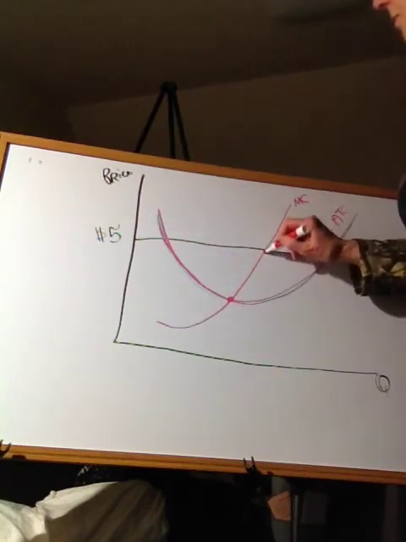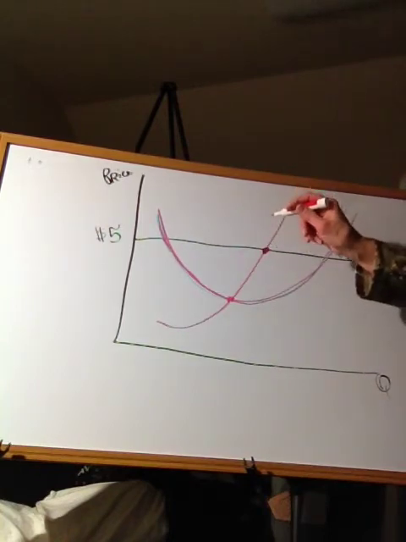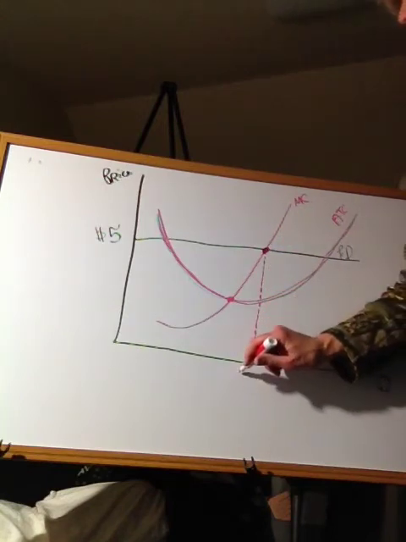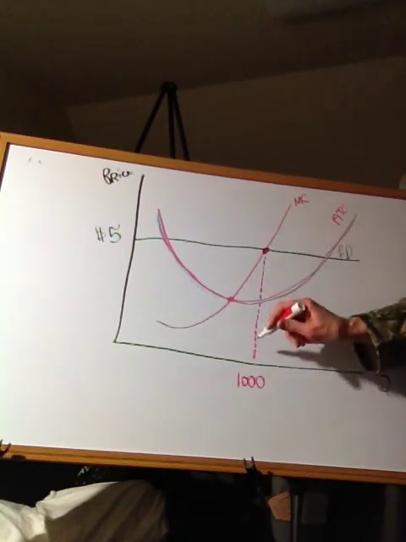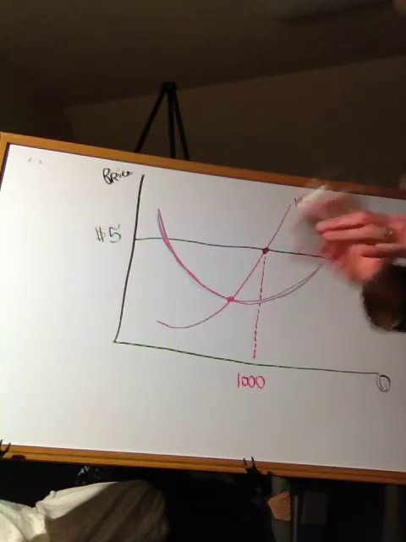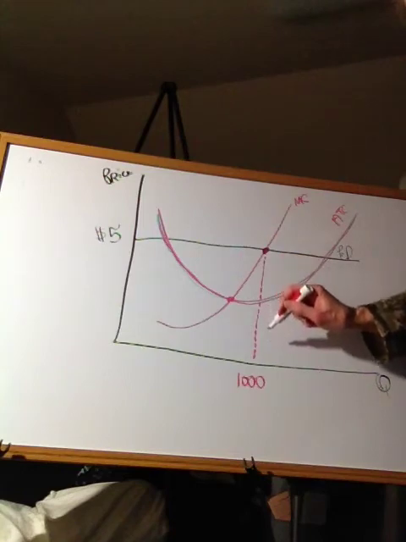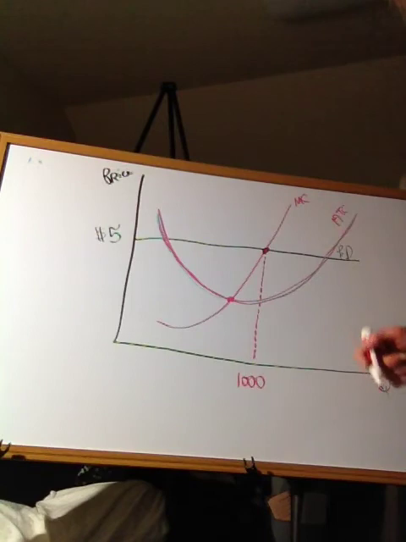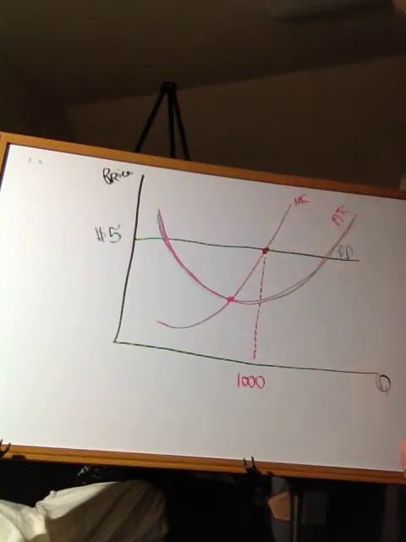Wherever they intersect, this is going to be where we need to focus. And at this particular quantity, and I'll just make up a quantity and say 1,000, this is where we're concerned. Everything after that doesn't matter on either side. We're only concerned about what comes in contact with the dotted line. So the first thing we have determined is what is the optimum level of output. And that is going to be number 1, where marginal cost equals marginal revenue.